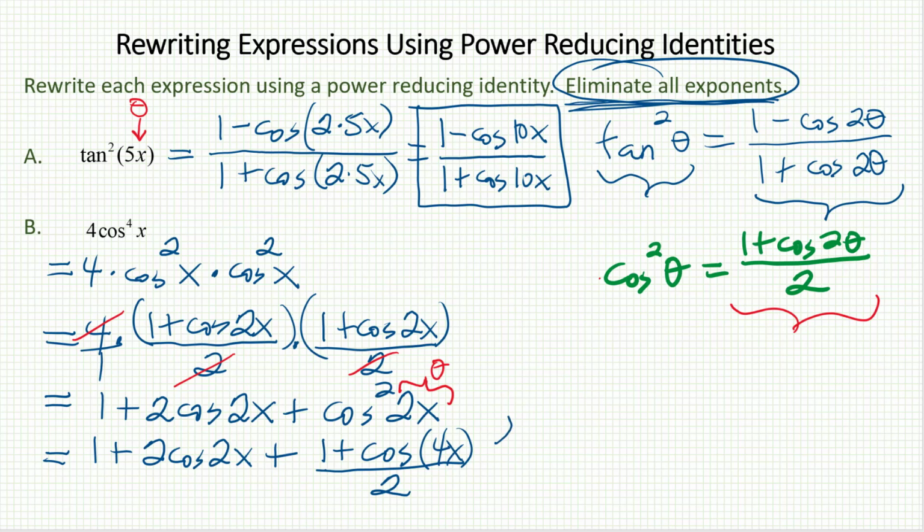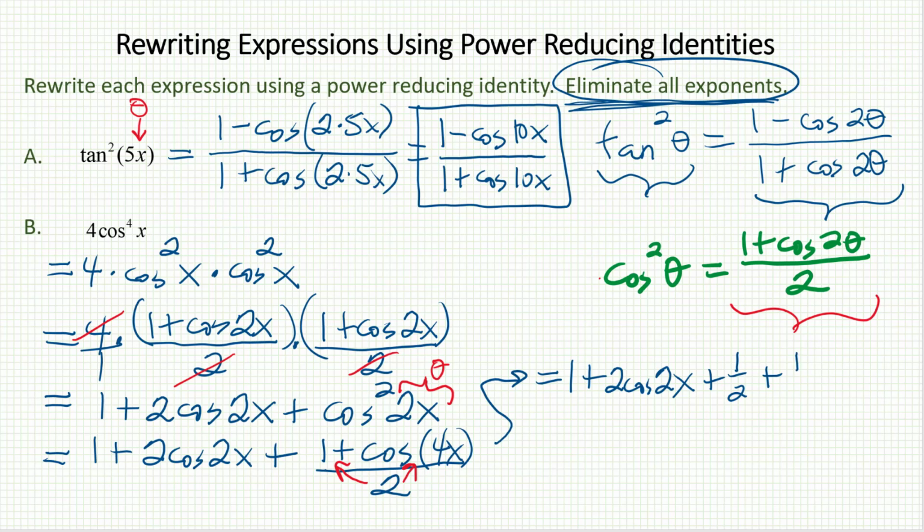Yeah, the last thing I can do here, I'm looking at this fraction I created down here at the end. If I distribute the 2 to each part, I will have a couple of like terms I can combine. So I have the 1 and the 2 cosine 2x, and then I'm going to get a 1/2, and I'm going to get cosine 4x divided by 2.